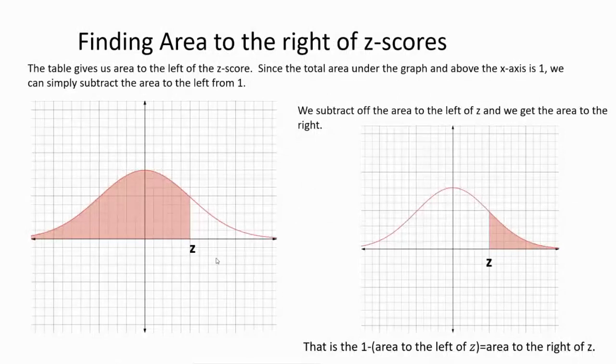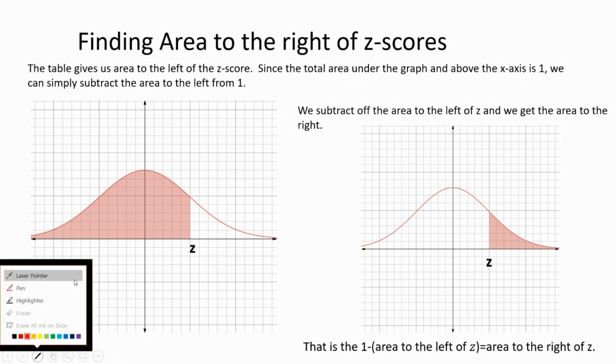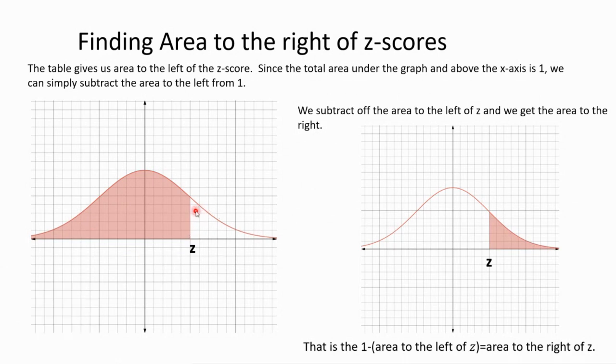Okay, so that's area to the left. How would you get the area to the right, though, or greater than it? Right here, we want area to the left of z. We know how to get that. We can use the table, and I think later today, if not today, then definitely Friday, I'll show you how to use Desmos to get it. Although that's a lot easier than using the table.